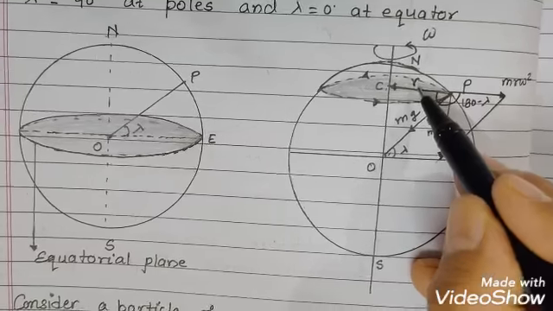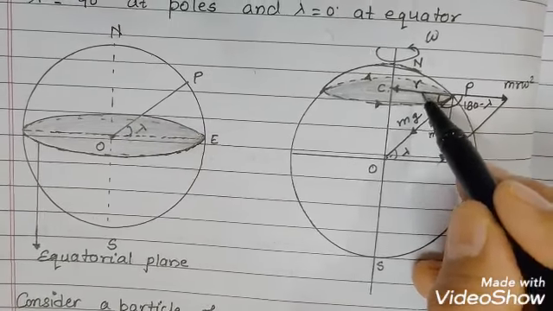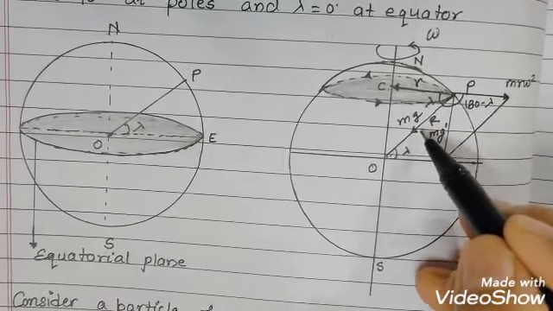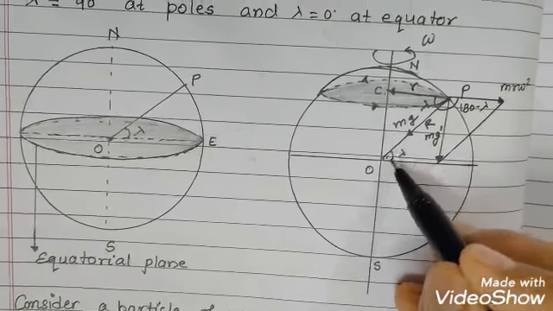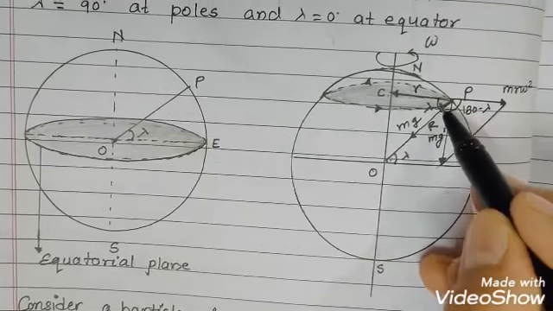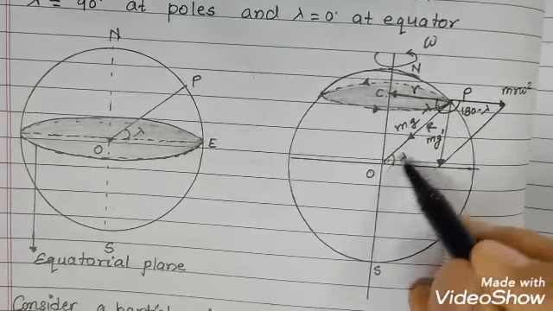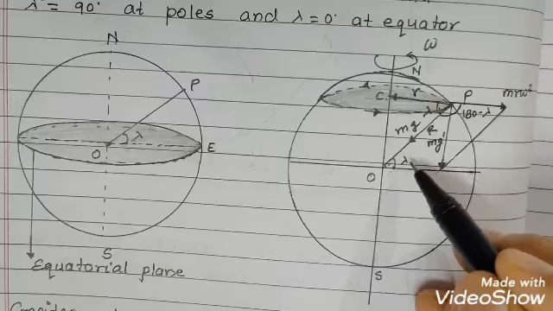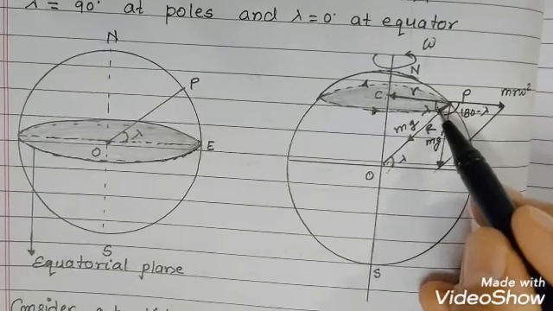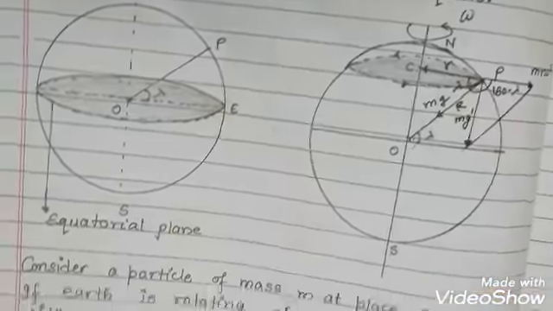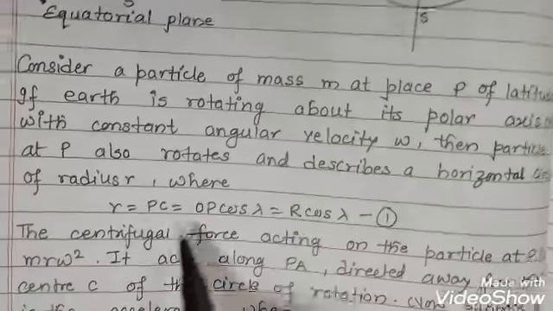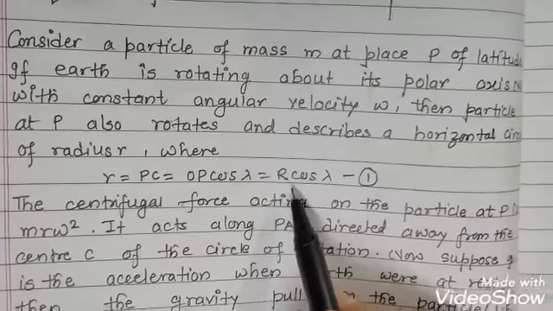So small r is represented as R cos lambda, because the angle lambda is there. If it is lambda here, this will also be lambda because of alternate angles. So small r will be equal to capital R cos lambda.